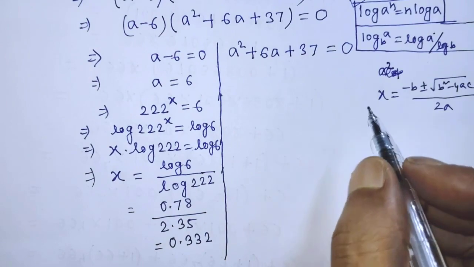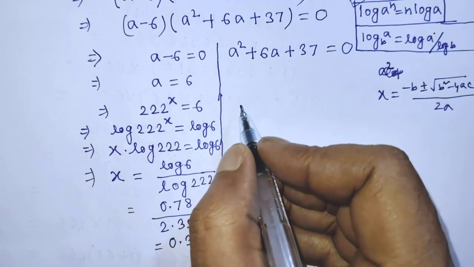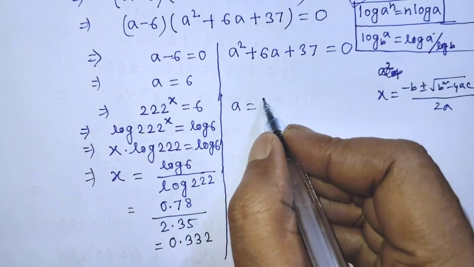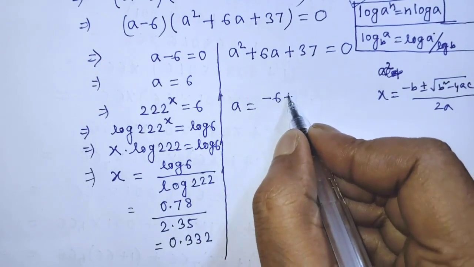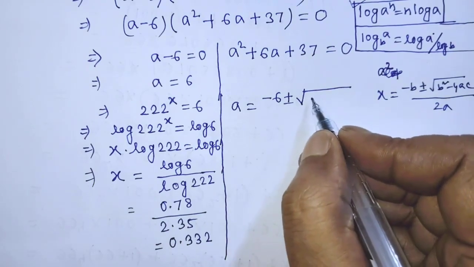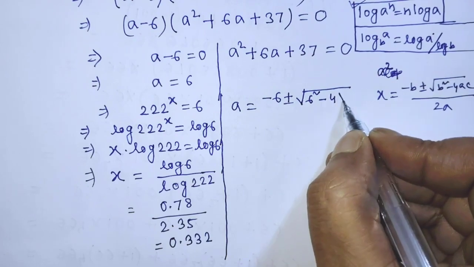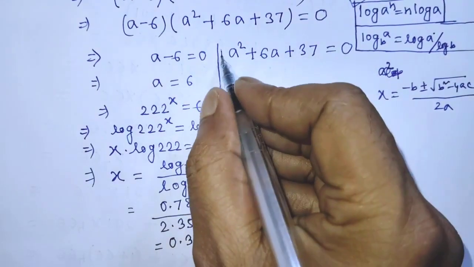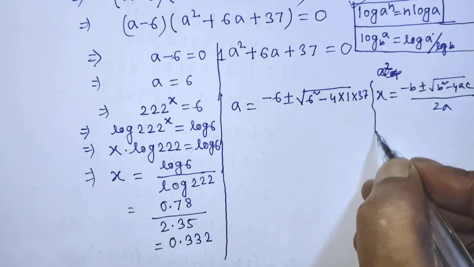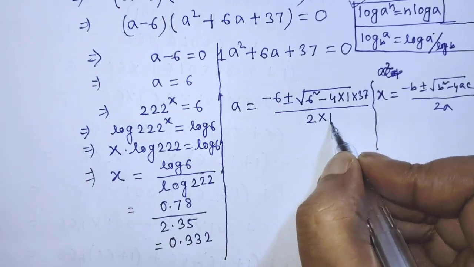According to the Siddhacharya formula, we can write from this equation a = (-6 ± square root of (6^2 - 4 times 1 times 37)) over (2 times 1).